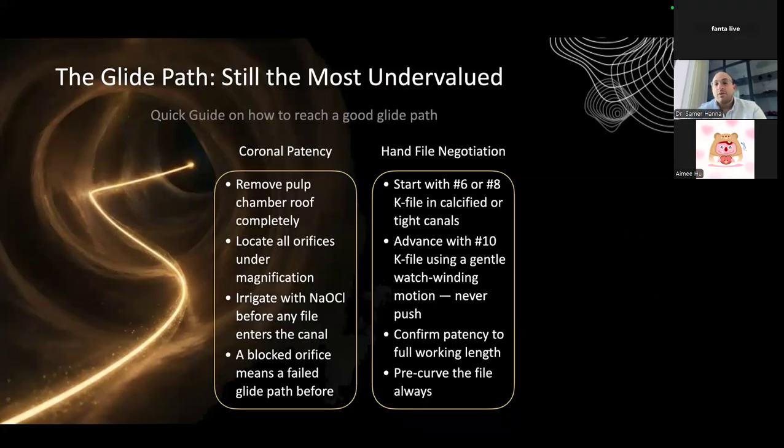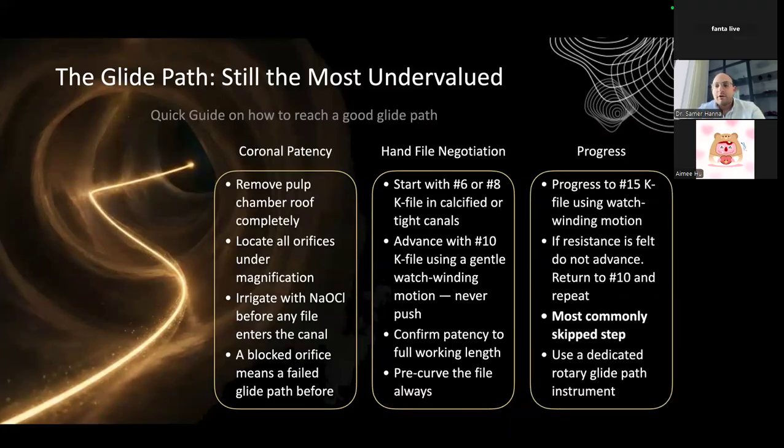And then we start with file 6 or file 8, K file in calcified canals or tight canals. Advance with maybe a little bit of gentle watch winding motion, but never push the file, so as not to create any kind of ledging. Pre-curve the file, it's a very important point, and then confirm the patency with the full working length. Once we reach there, we go for our file 15 using watch winding motion.